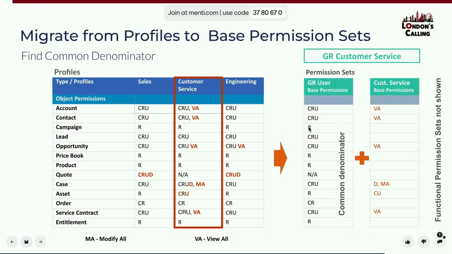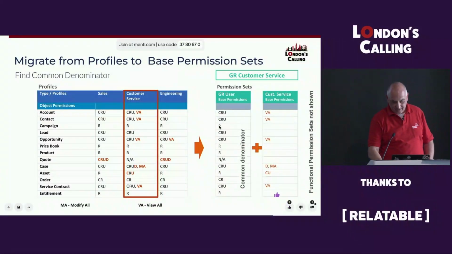And we said, okay, so let's take this common denominator and you just call it your user base permissions. Yes, and then it will come to all your users. And then the other permissions that are different here, just create to your persona-based permission set. Plus, on top of this, it will be our permission sets.